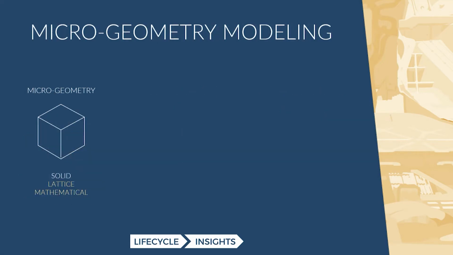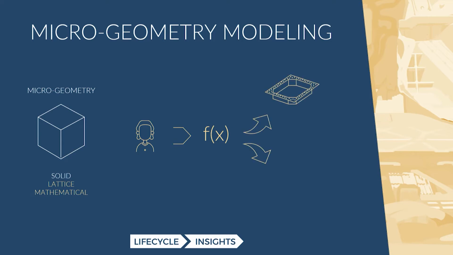So the idea here is you can leverage or define lattices from different shapes. You can define mathematical types of definitions for the geometry. And along with it, you can actually define different volumes or different geometric pieces that will be filled by these lattices, by these mathematical definitions.